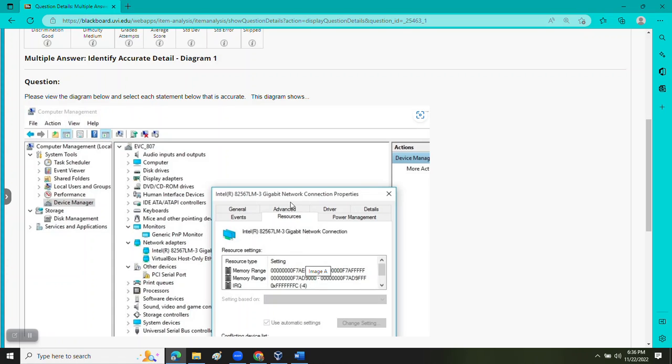We showed you in class that if you go into Device Manager in the Computer Management module, you can select properties for a given device, in this case the gigabit network card, and select the Resources tab, and this is where the virtual network card lives in memory. It says, please view the diagram below and select each statement below that is accurate.